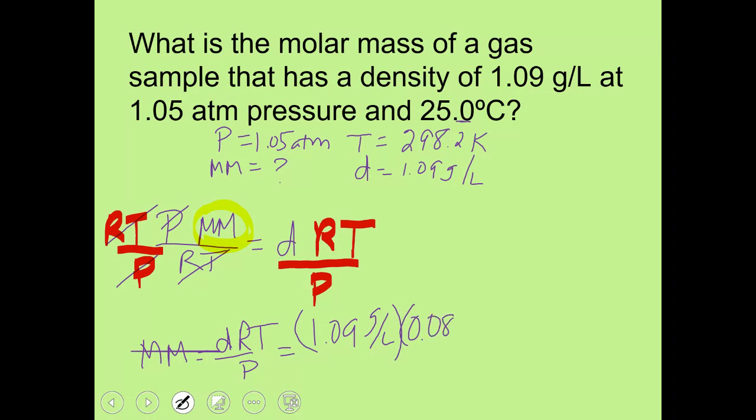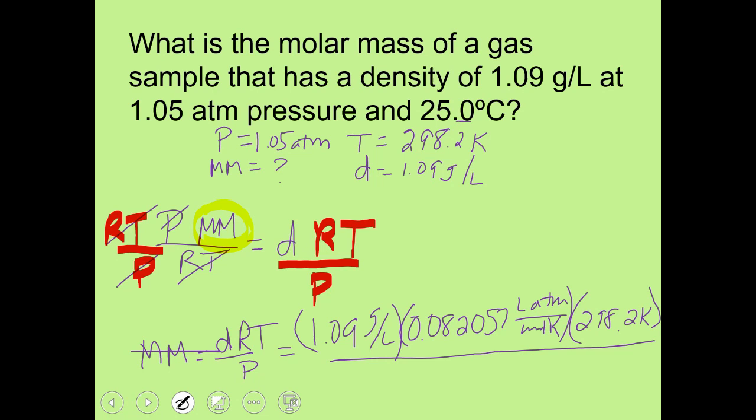So I need the density, R, temperature, all over the pressure.